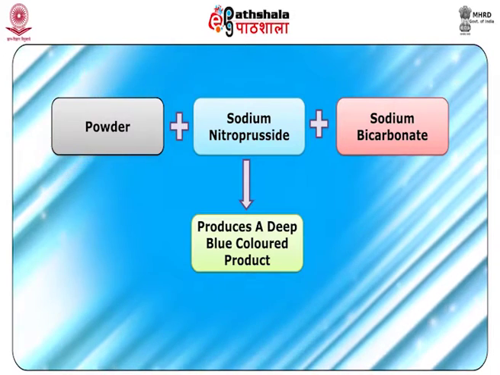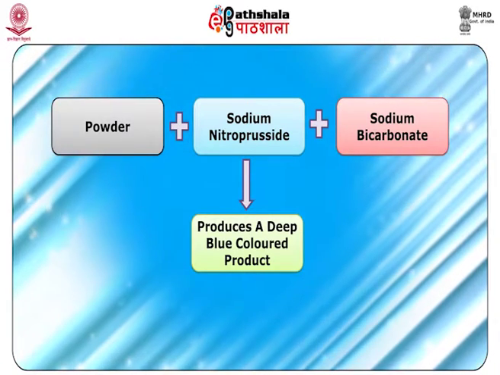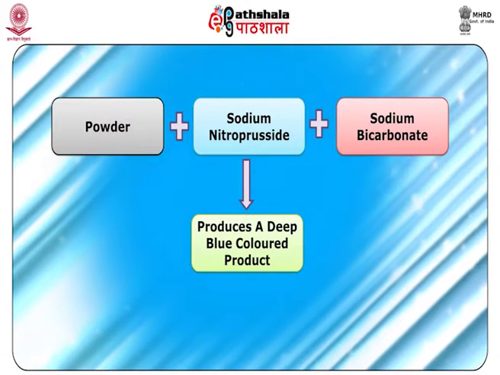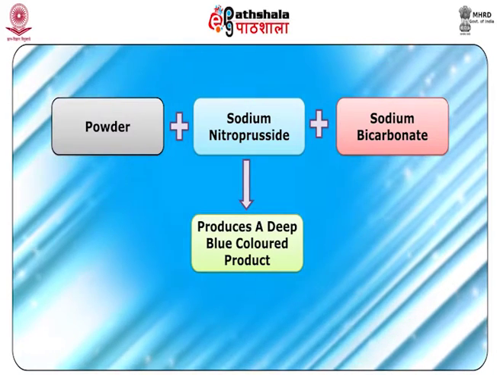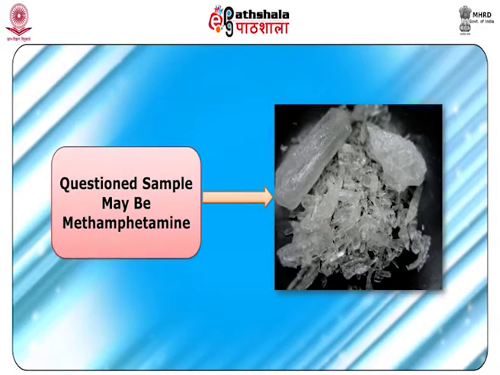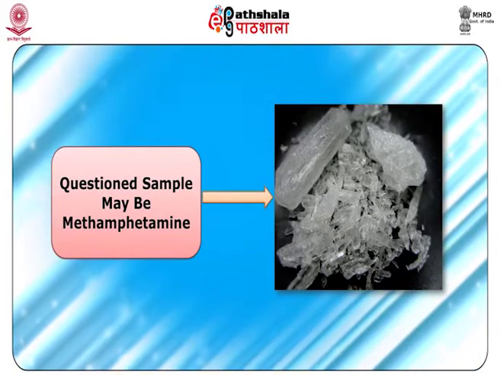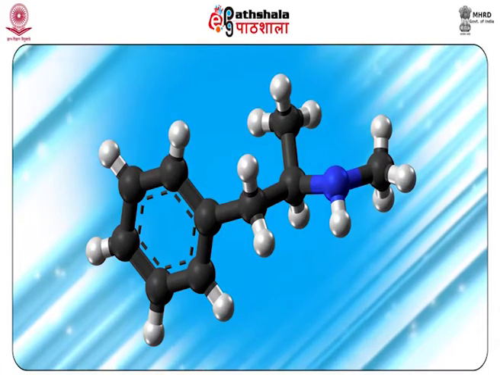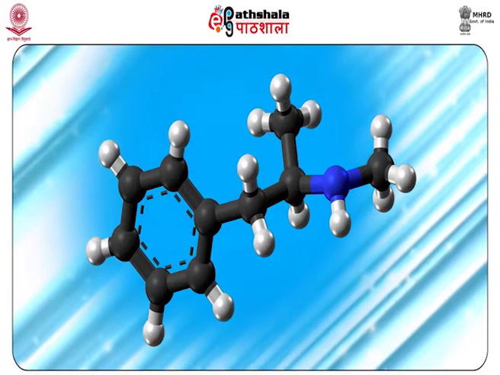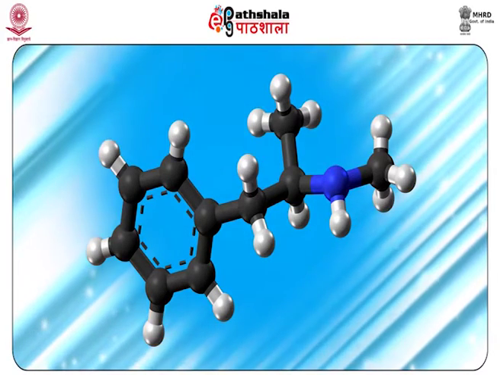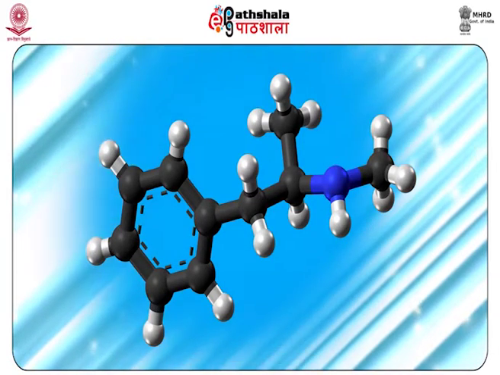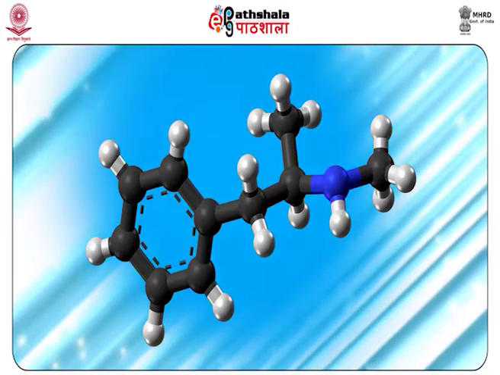For example, if the powder reacts with sodium nitroprusside in the presence of sodium bicarbonate and produces a very deep blue colored product, the forensic scientist may guess that the questioned sample might be methamphetamine. However, a number of similar compounds, all containing a nitrogen atom with one hydrogen atom and two attached carbon atoms, will also produce a deep blue colored product.